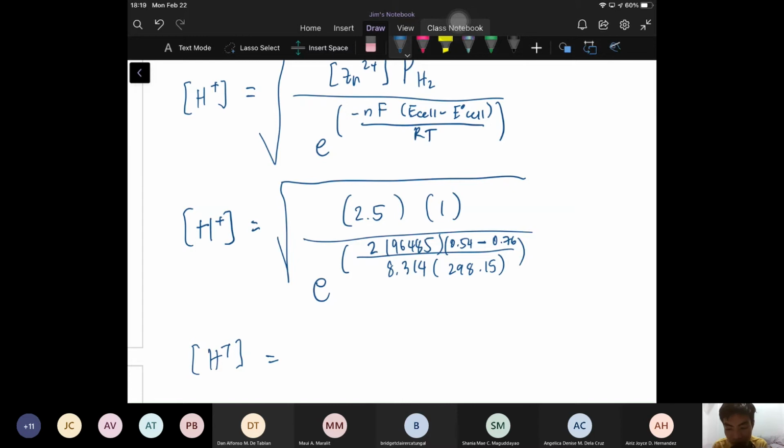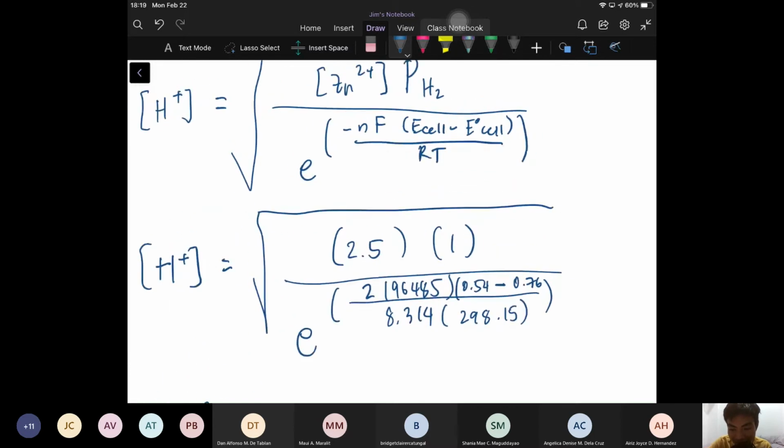May nakalimutan tayo, yung negative sign. May negative sign nga pala dun sa harap. I forgot to place it sa equation natin. Laki ng value eh. Mag-ingat dun.